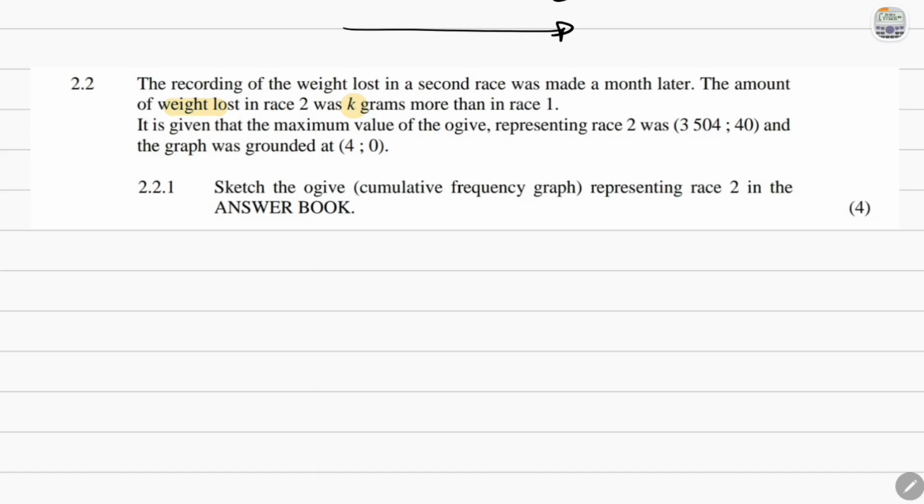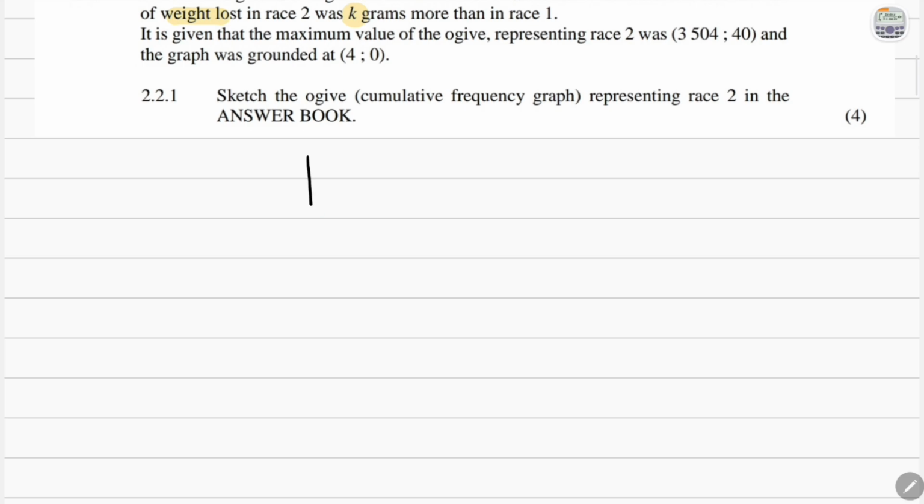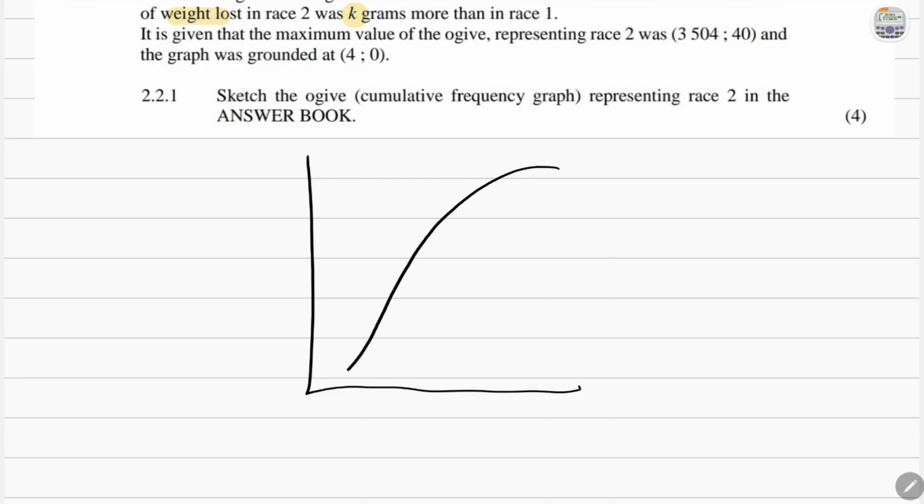Okay, so k grams more. So what is that value of k? We can actually find it here, given what they're telling us. They told us that the maximum now happens at this. So the ogive, right, that maximum they're referring to, the ogive ends up looking like an S, right, like that.